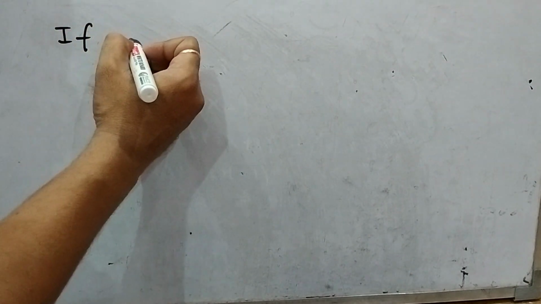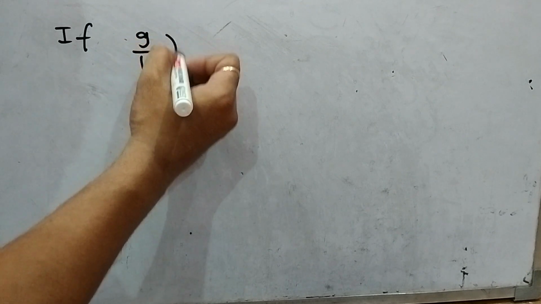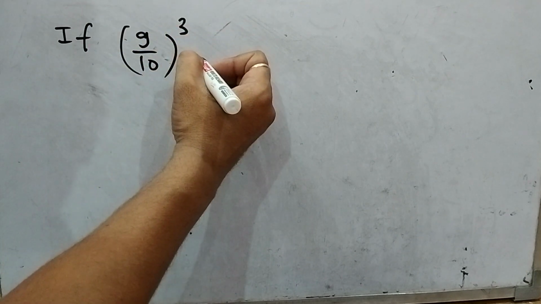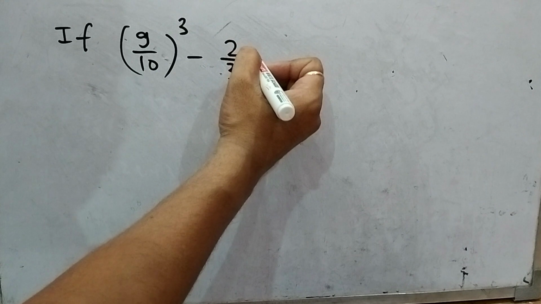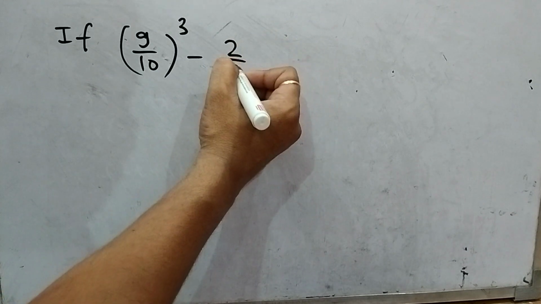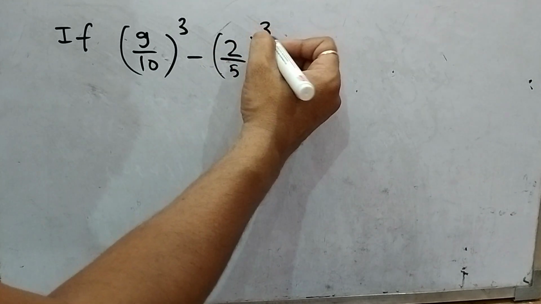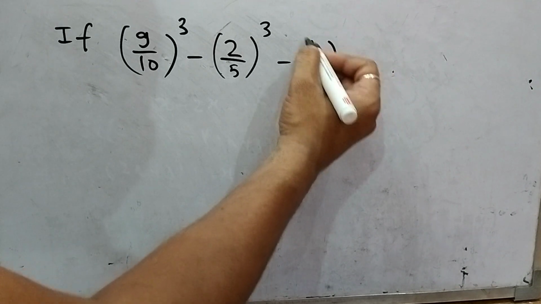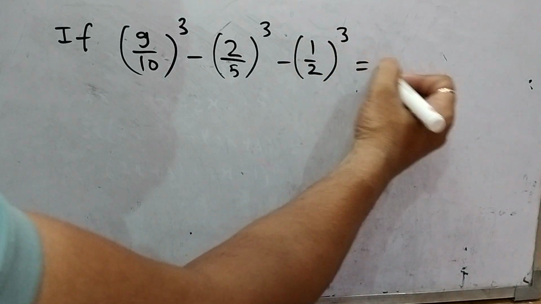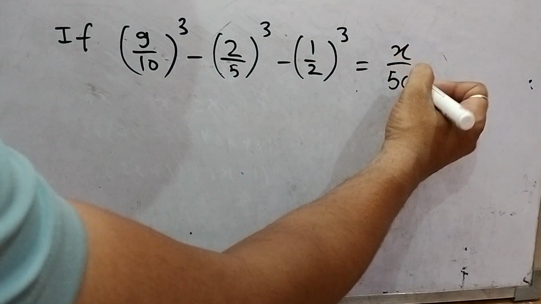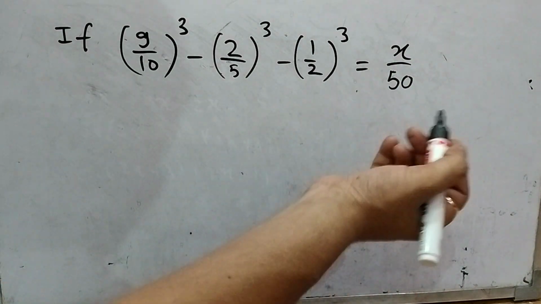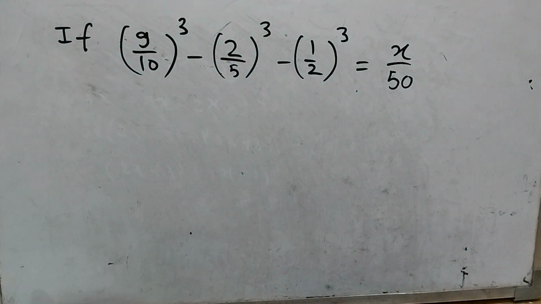Now we have another question. If 9 by 10 whole cube minus 2 by 5 whole cube minus 1 by 2 whole cube equal to x by 50, find x. We need to find x here in this question.